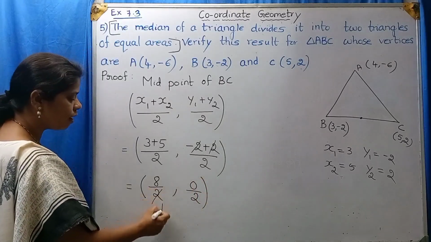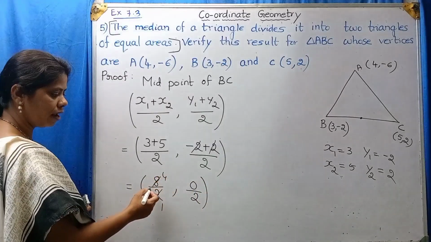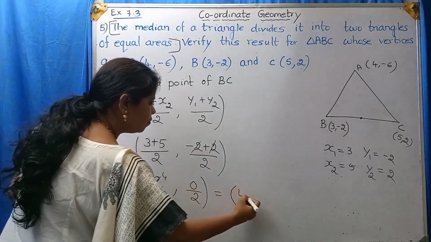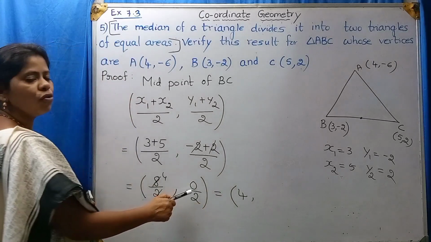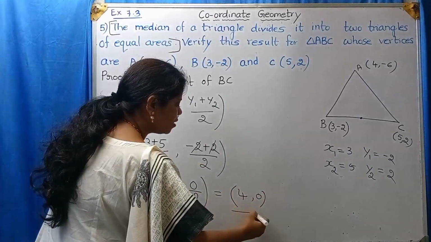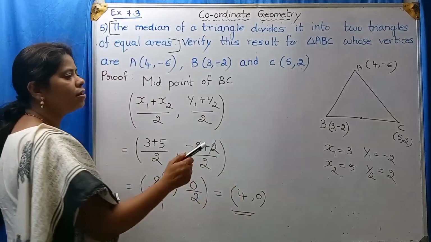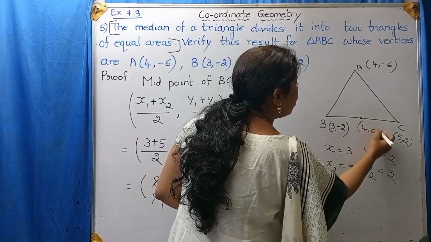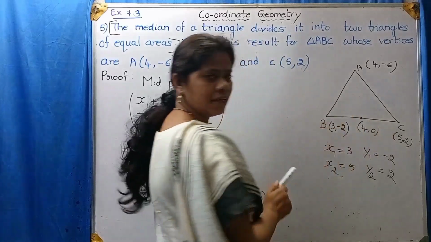Now look at this, 2 fours are 8, that is 4, comma, 0 by 2 is 0. That is, (4, 0) is the midpoint of the line segment BC.